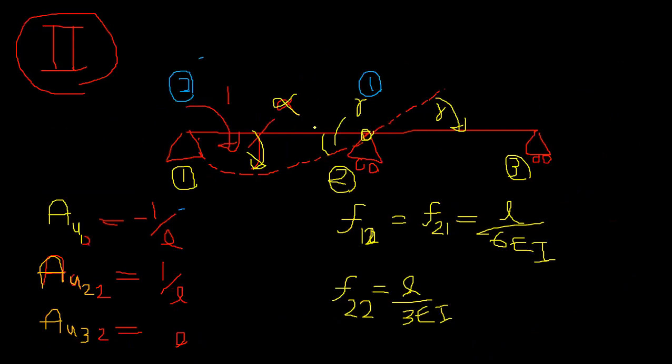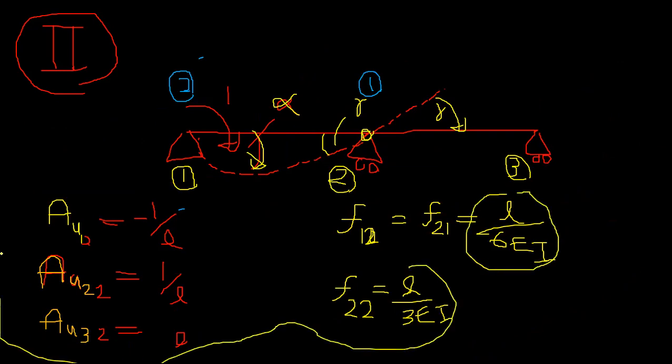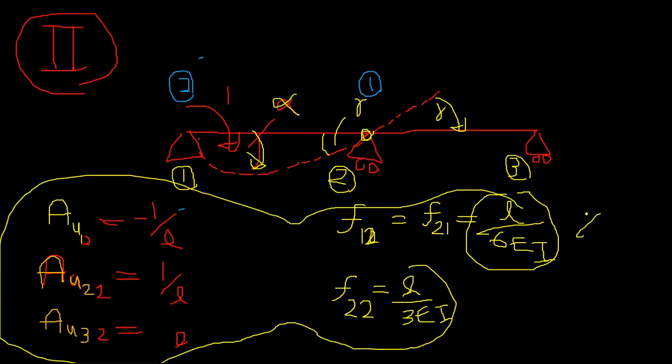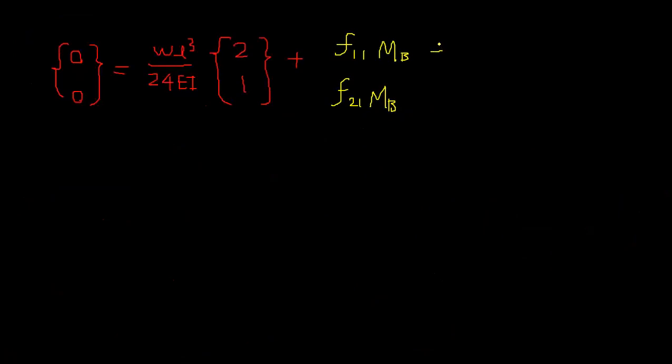At the second redundant coordinate, at the first coordinate, it's F12 into the actual value, everything should be multiplied by MA, because the redundant is MA. Actually, we are applying a unit moment. If these values are for a unit moment, what will be for the actual bending moment? F12.